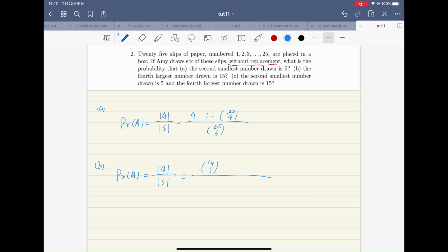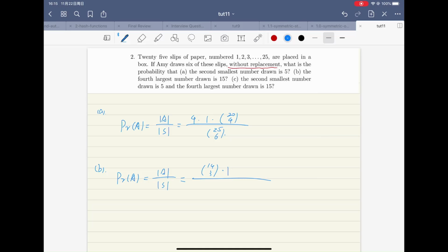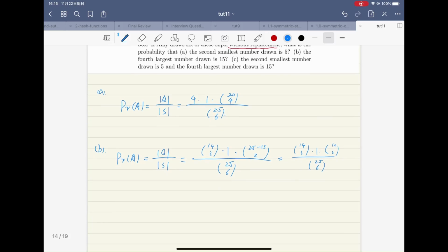So for the first 3 numbers, we have to choose 3 out of 14 numbers, from 1 to 14. And then we choose 15 for the fourth largest, so we have only 1 here. And for the remaining 2, we have 10 choices, 25 minus 15, choose 2, right? And the sample space is 25 choose 6. So it's just 14 choose 3 times 1 times 10 choose 2, divided by 25 choose 6.